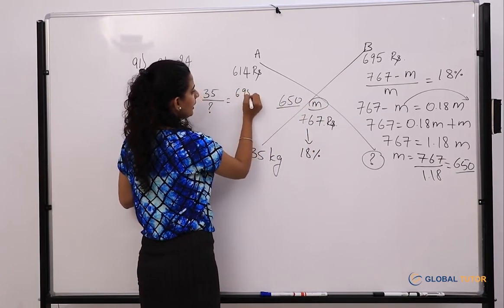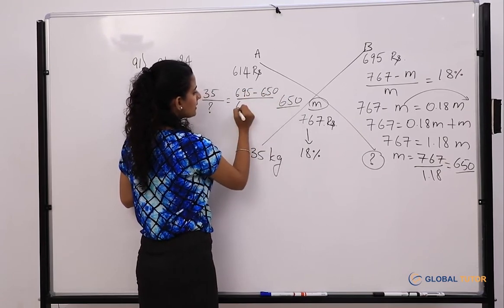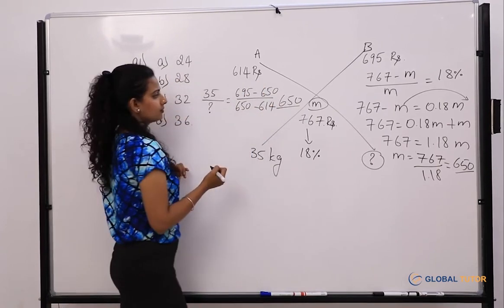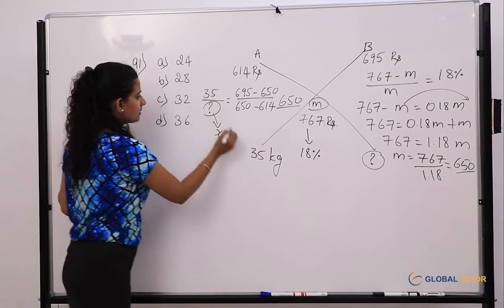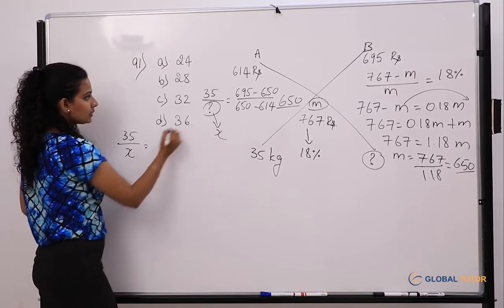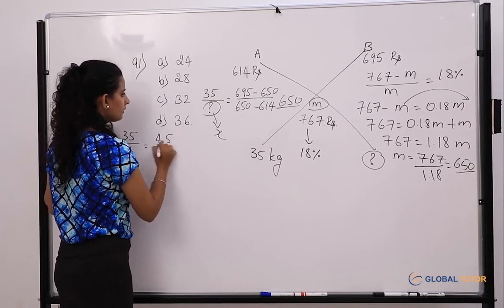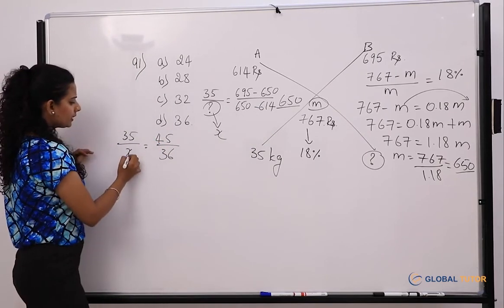So, 695 minus 650 divided by 650 minus 614. So, let us call this as x. This becomes 35 by x is equal to 695 minus 650 will be 45 divided by 650 minus 614 is 36. So, we need x.